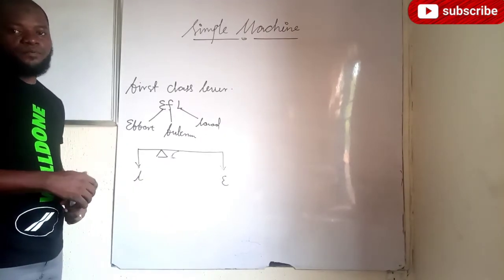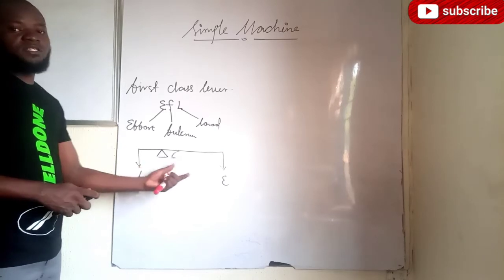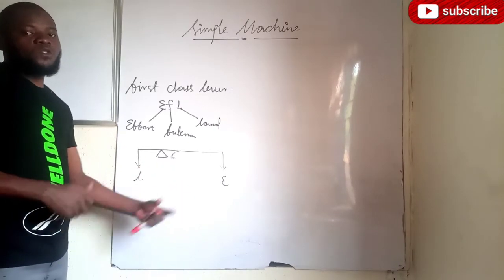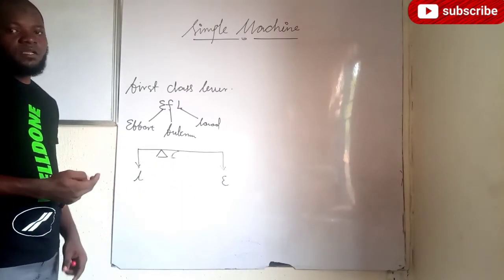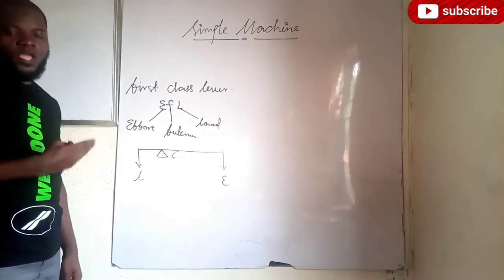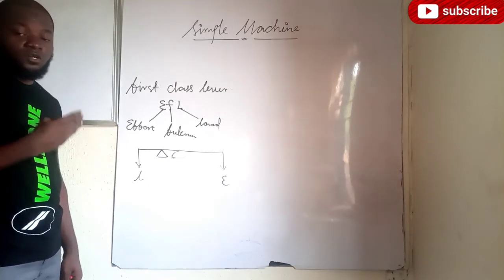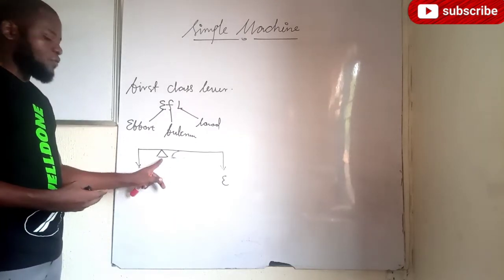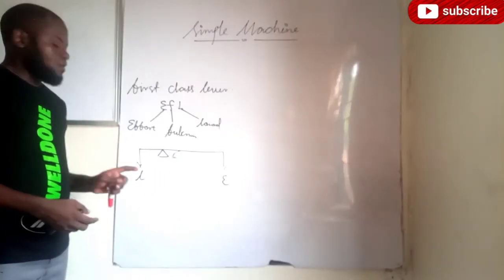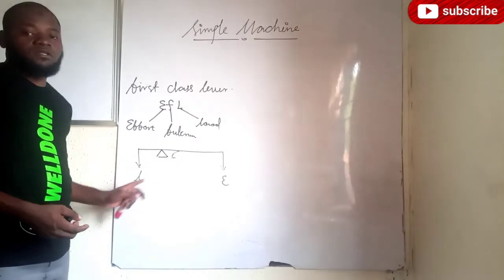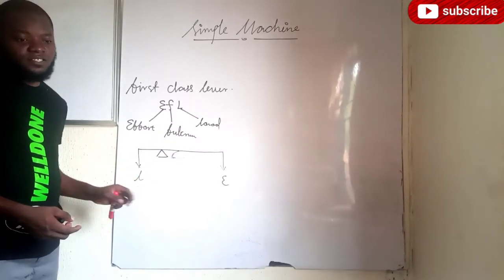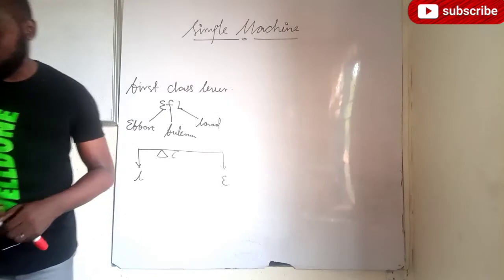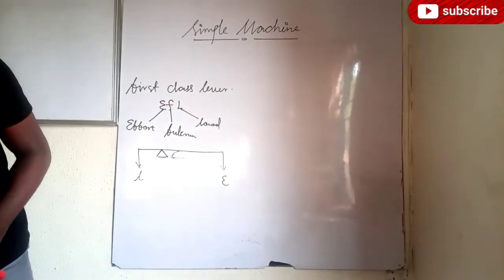What are the examples of machines that are in this caliber? We have our scissors, the pincher. When you look at those two machines I made mention of, they have their fulcrum in between the effort and the load. Are we together now? I think I have a scissors around here, so I can just show you it.